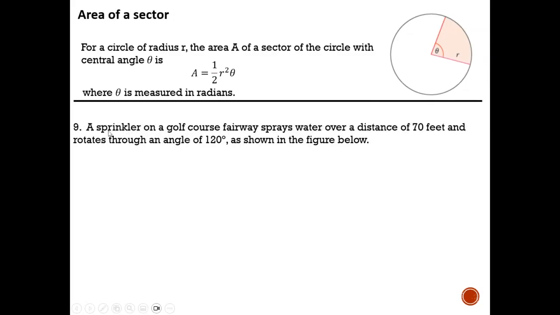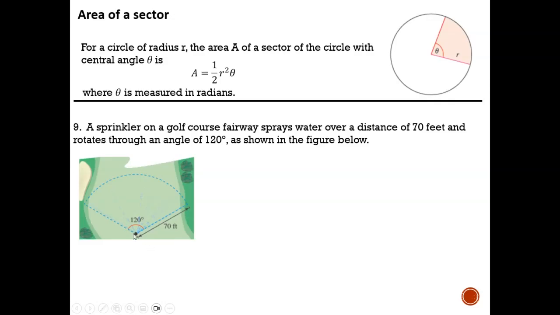We have an example here. A sprinkler on a golf course fairway sprays water over a distance of 70 feet and rotates through an angle of 120 degrees as shown in the figure below. So here we have the distance of 70 feet and it makes an angle of 120 degrees. What is the area of the fairway watered by the sprinkler?